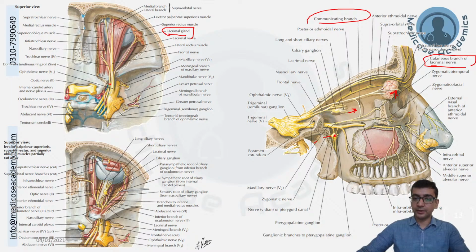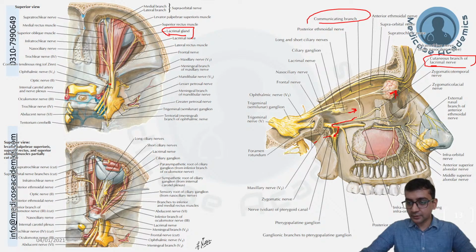This postsynaptic pathway will be asked again and again in the nerves of the orbit, in the supply of the lacrimal gland, and in the cranial nerve pathways also. The postsynaptic neuron goes through the connection to the maxillary nerve. In the maxillary nerve, it goes into the zygomatic branch.